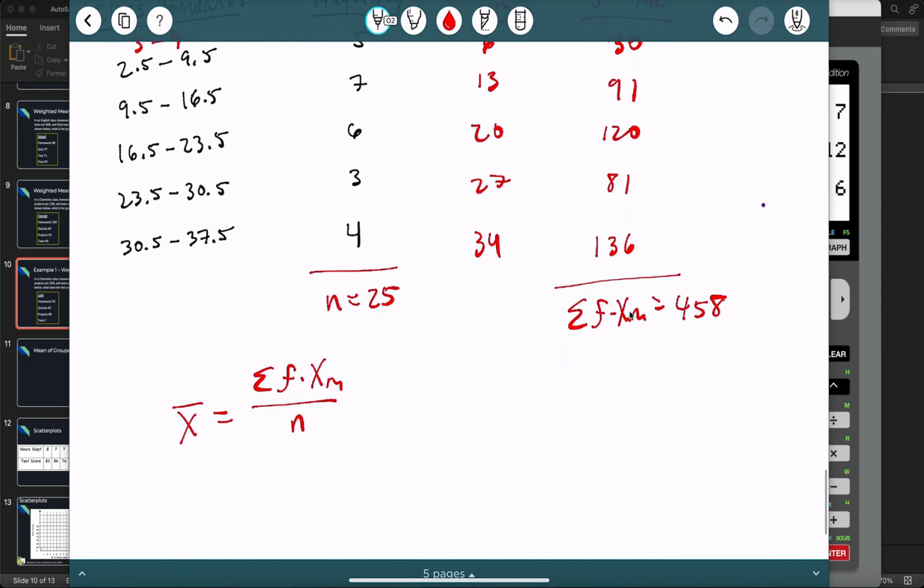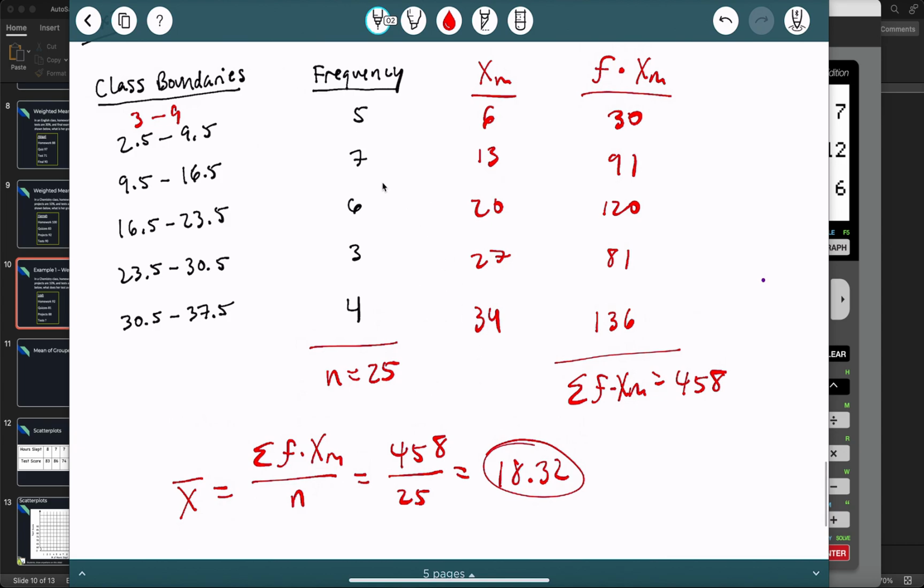My sum of the frequency times the midpoint would be 458, and then my n would be 25 values. If I do that division, what would my final answer be? We should be getting about 18.32. And if we know what the values mean, we could put units, maybe grams or degrees Fahrenheit, whatever the units are, but I didn't really tell you that, so that's fine here.